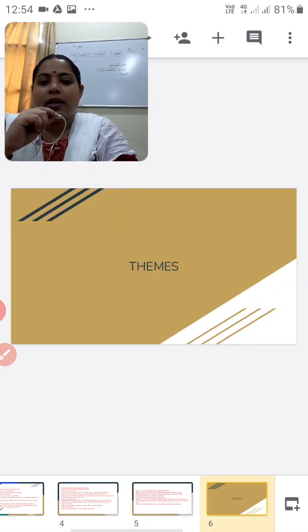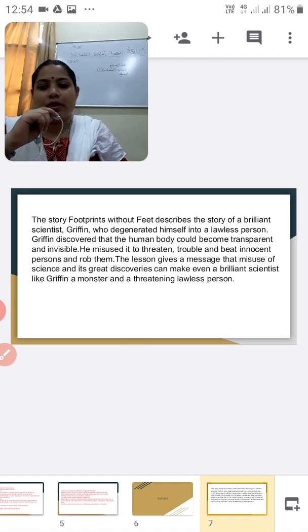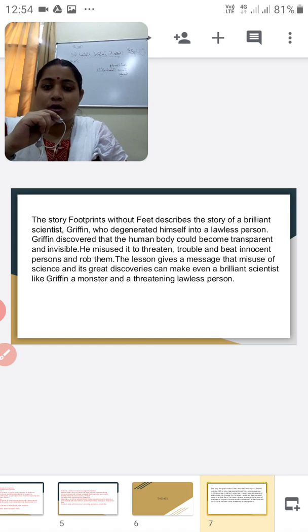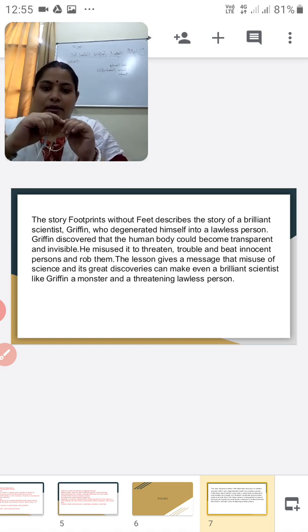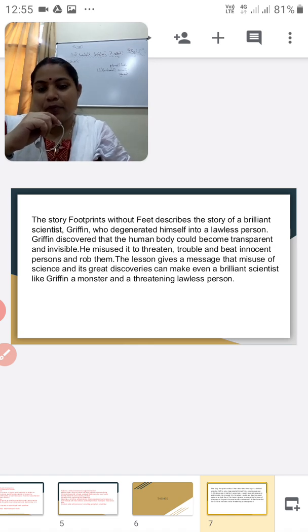Fine. Now themes. It's a very important thing to note over here, that the story Footprints Without Feet describes the story of a brilliant scientist, Griffin, who degenerated himself into a lawless person. Lawless person means somebody who doesn't follow any kind of rules and regulations. Griffin discovered that the human body could become transparent and invisible.